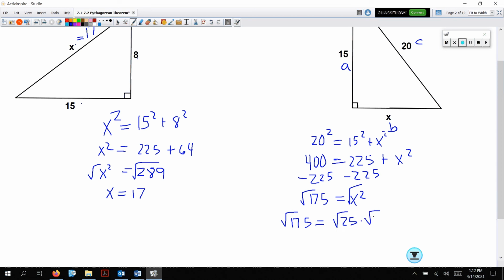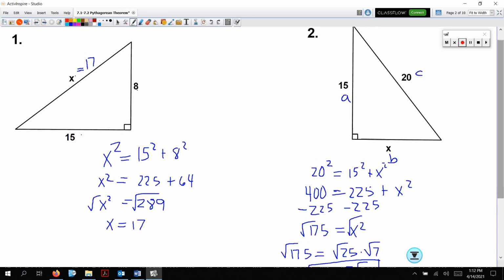And the square root of 25 is 5, so 5 root 7 is what x equals. That is not a positive integer, okay? So this is not a triple.